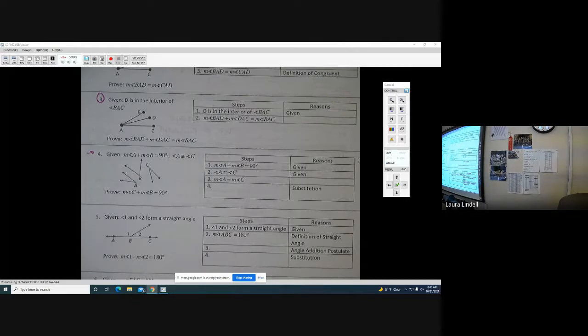Compare real quick. Help each other out. That's good. This one's not quite. How do you go from here to there? That's the difference. I don't understand it.